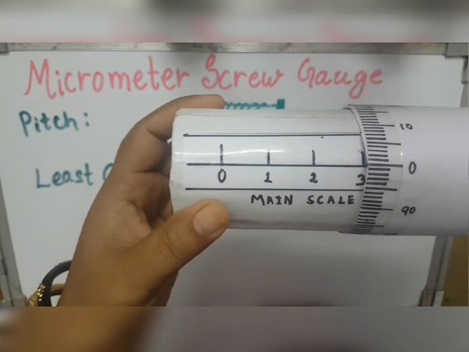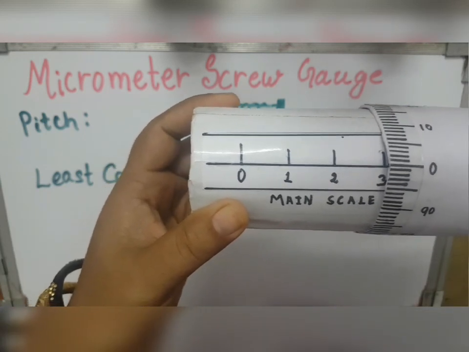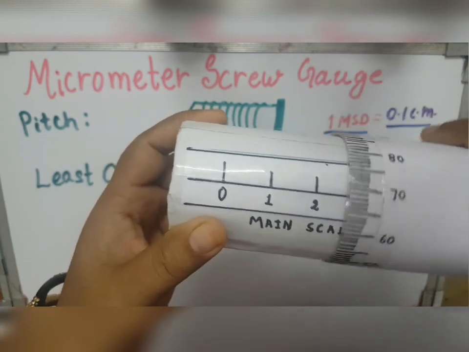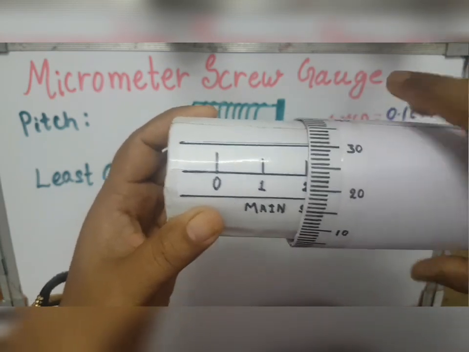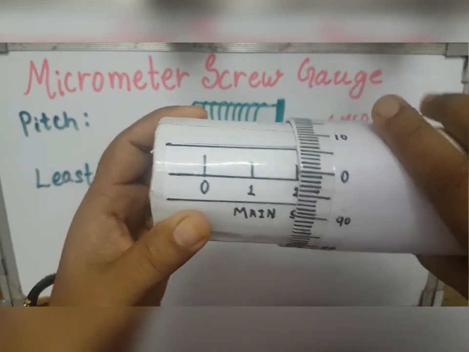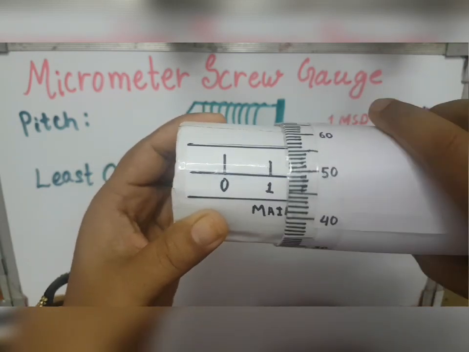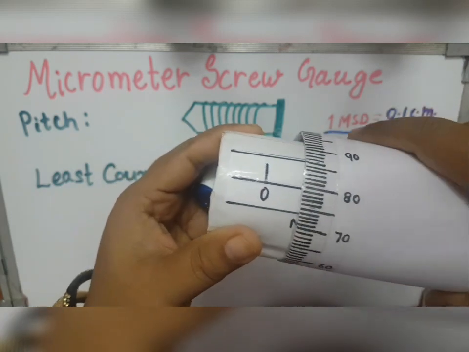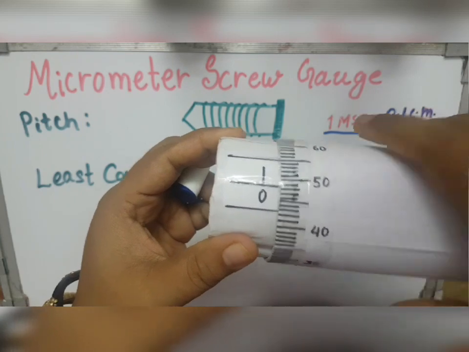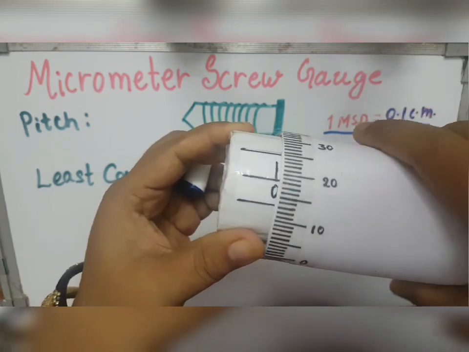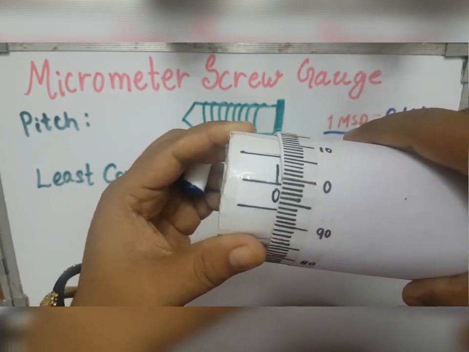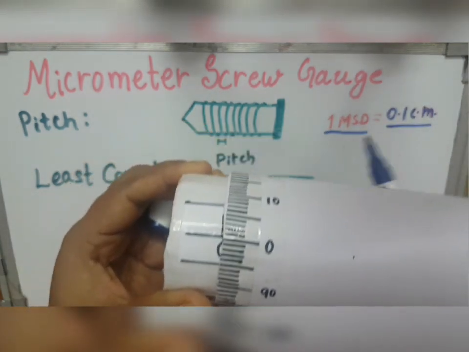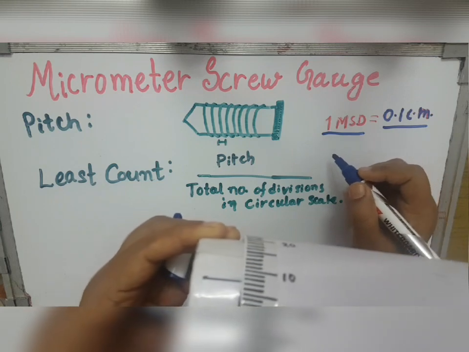Thus, if you see here, if I take 3 complete rotations of the circular scale, 1, 2, and 3, then it covers 3 divisions in the main scale.